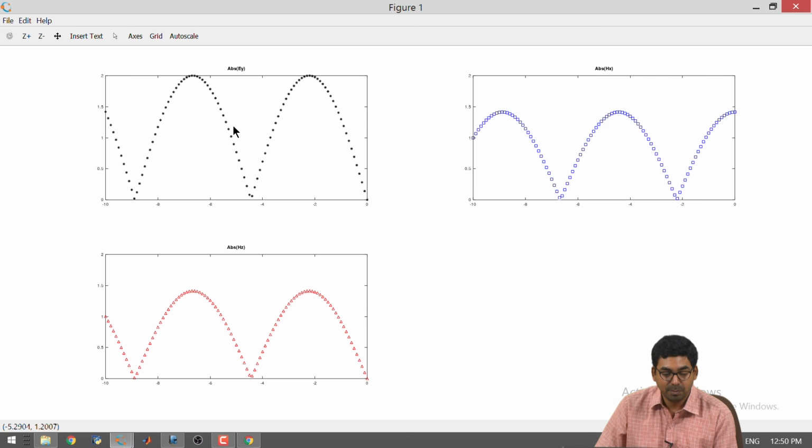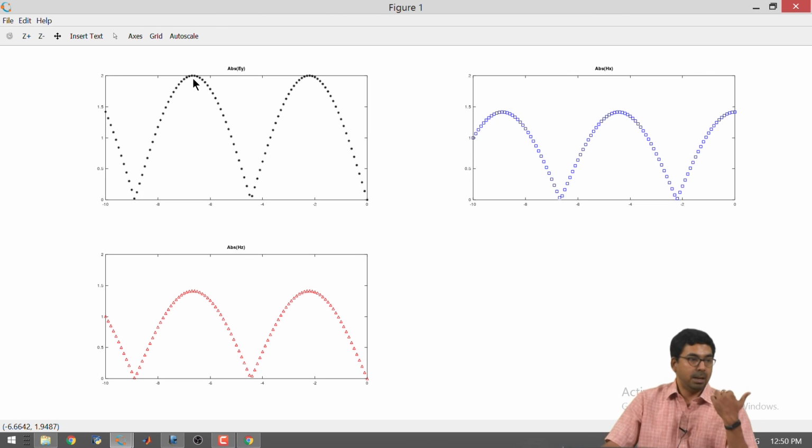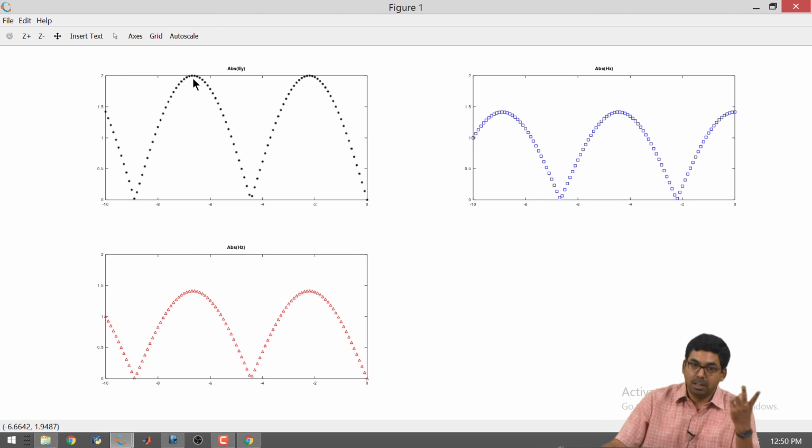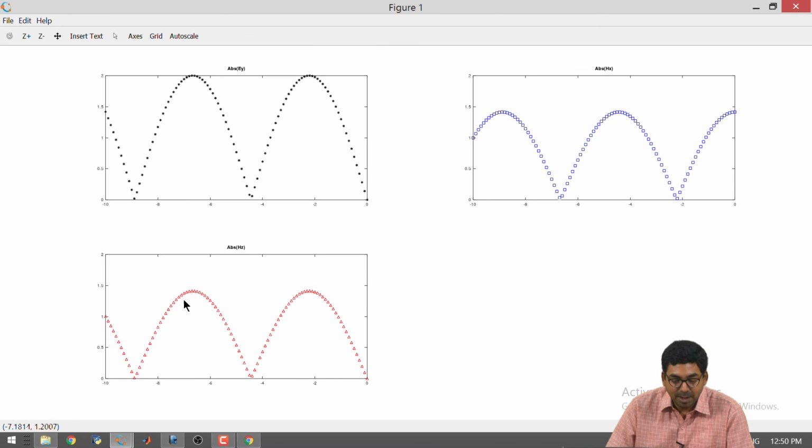There are also other inferences one can make. At 45 degrees the peak value of the electric field that I will have in medium number 1 is still 2 volts per meter, and I am also having a magnetic field which is 1 by square root of 2 times 1, so it is 1.414 here, 1.414 here.